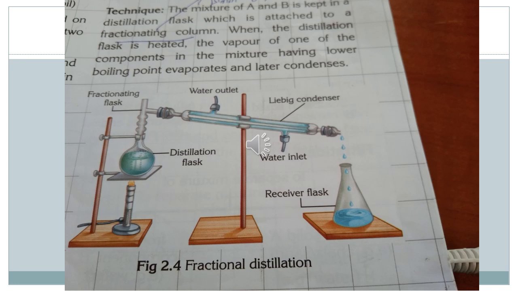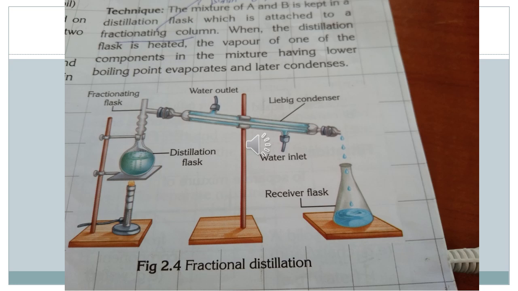When the distillation flask is heated, the vapor of one of the components in the mixture having lower boiling point evaporates and later condenses. When the distillation flask is heated, which liquid has the lower boiling point?